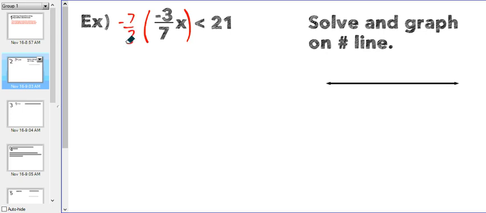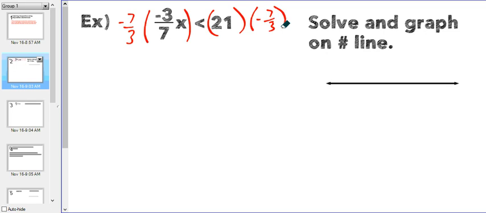If I do it to the left side, I want to make sure that I come over here and also do it to the right side, so times -7/3. So just started off multiplying each side by -7/3, the reciprocal of -3/7.